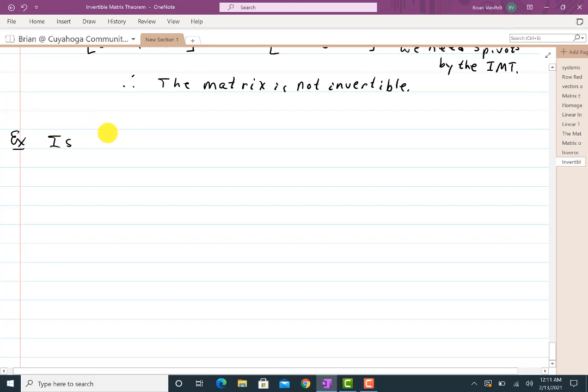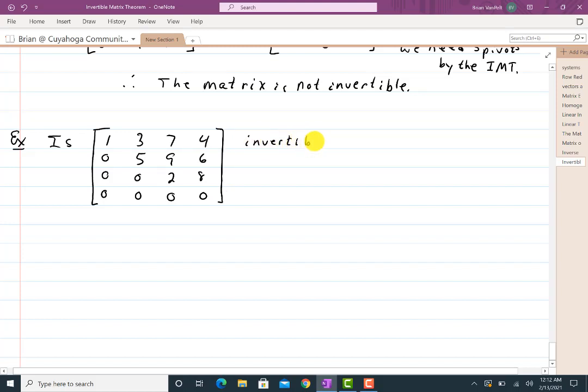Is, here I think I'm going to do a 4 by 4: 1, 0, 0, 0, 3, 5, 0, 0, 7, 9, 2, 0, 4, 6, 8, 0. Is this invertible? Well, let's take a look. Same deal as before. I have a pivot here, a pivot here, a pivot here. Only 3 pivots.